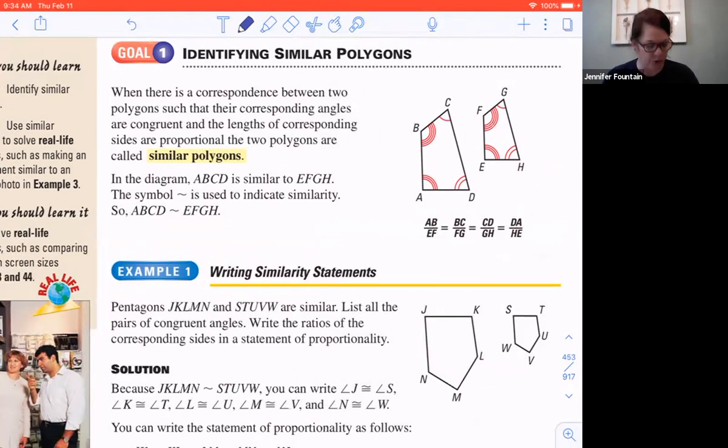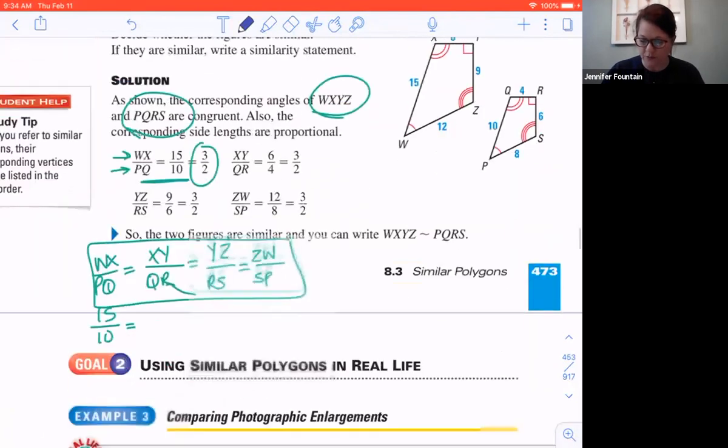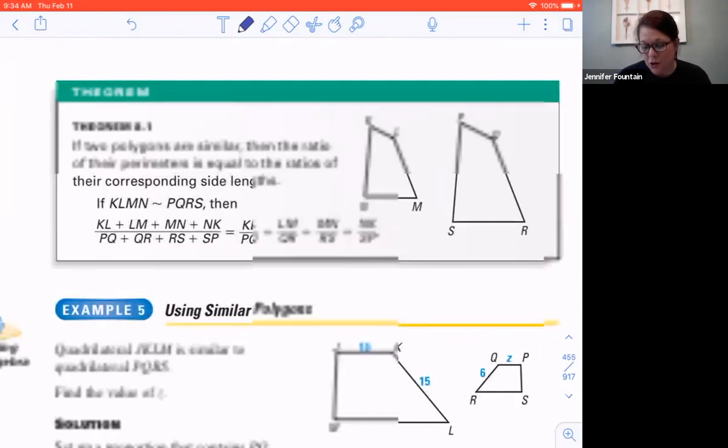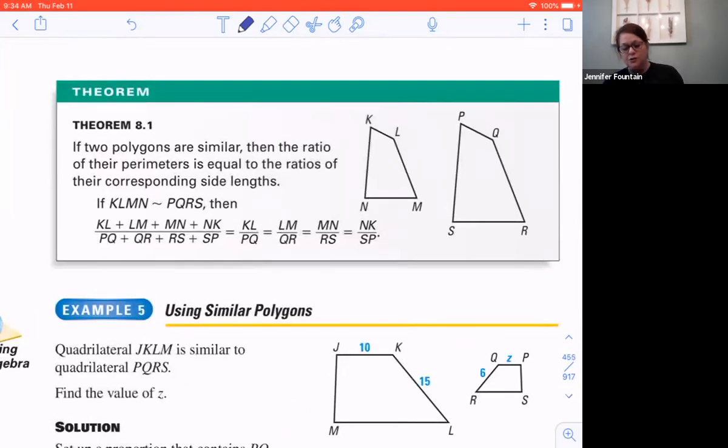My sides are not congruent. That's the main thing to remember there. Then turn over to 475. This was the theorem that told us that if two polygons are similar, then not only are their sides going to be proportional, but their perimeters are also proportional.